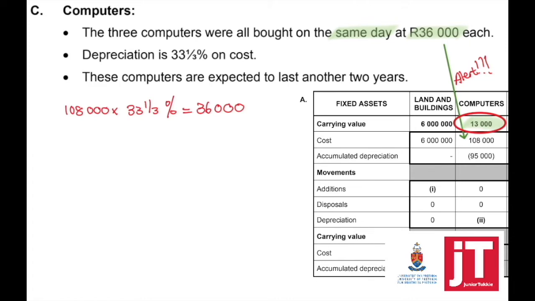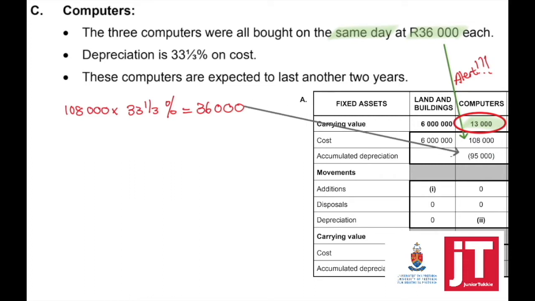If you take $108,000 and you times it by the depreciation rate, it equals $36,000. So number 1, $36,000, the depreciation is now going to be more than the carrying value, and that is a problem. If you take $36,000 and you add it to the cost, it is also going to be more.